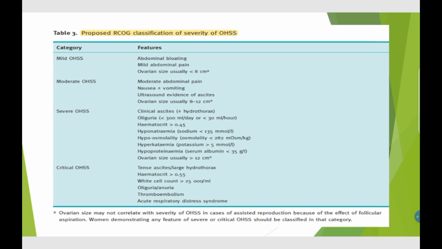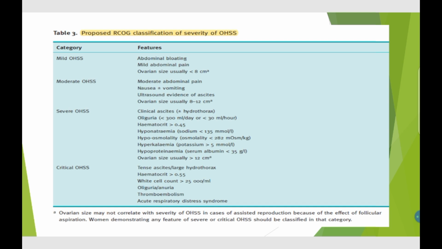Depending upon clinical features, we can classify this OHSS into the appropriate category. One of the important things to note, which is mentioned at the end in the table, is ovarian size may not correlate with the severity of OHSS in cases of assisted reproduction because of the effect of follicular aspiration. Women demonstrating any feature of severe or critical OHSS should be classified in that category.